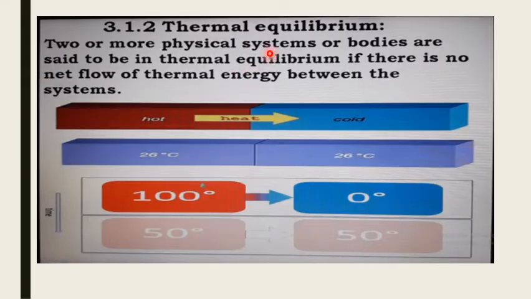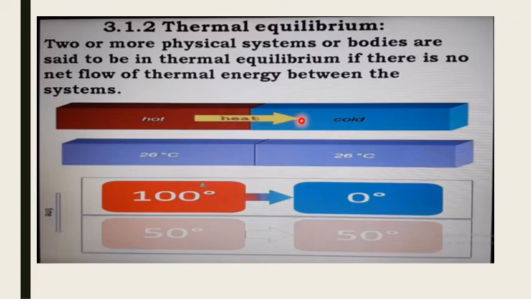Next one is thermal equilibrium. What is thermal equilibrium? Two or more physical systems or bodies are said to be in thermal equilibrium if there is no net flow of thermal energy between the systems. Equilibrium means equal. You can see this diagram.